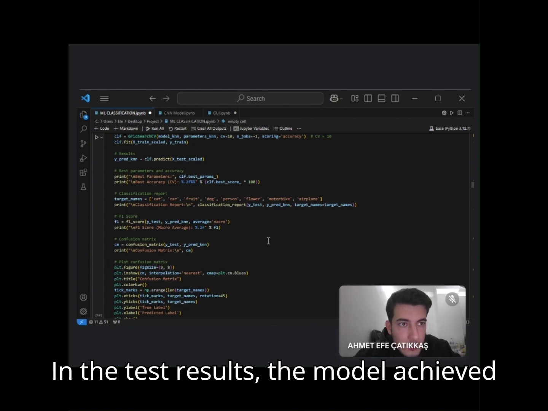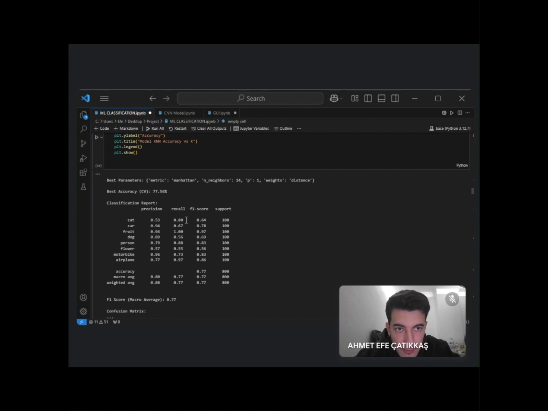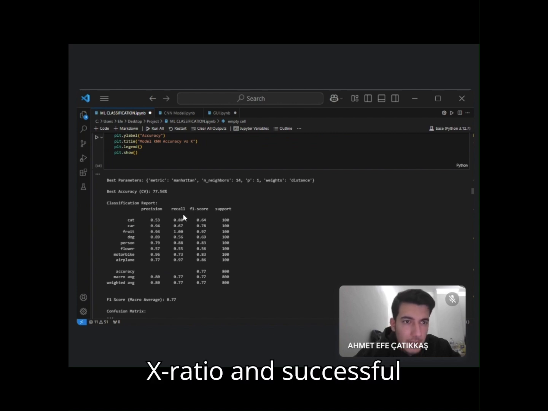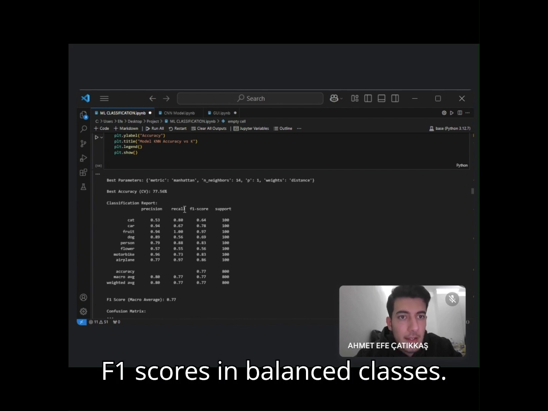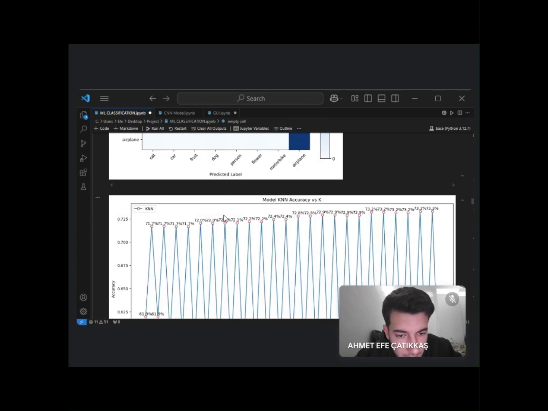In the test results, the model achieved 73.2% accuracy and a successful F1 score in balanced classes. These are the results.